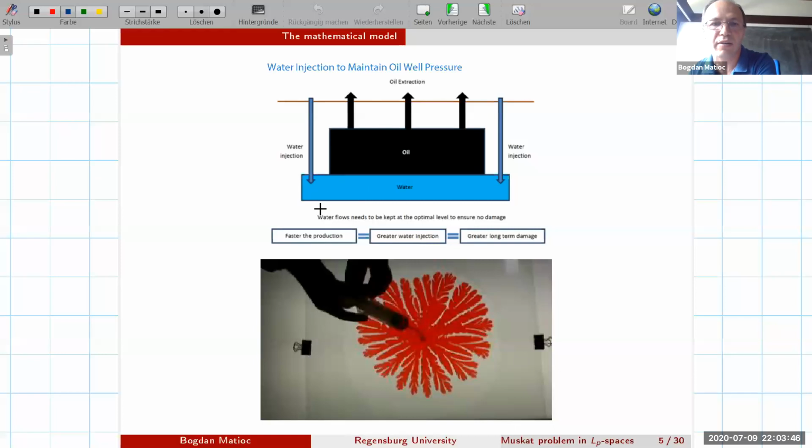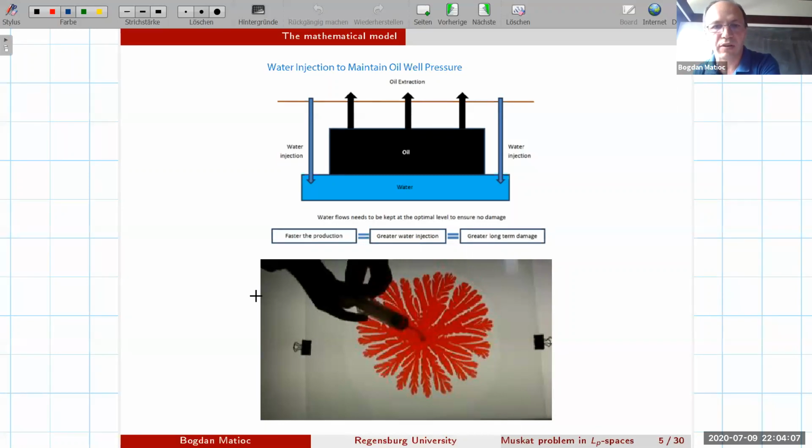However, water flows much faster than oil, and if one injects water with a velocity too large, then viscous fingering may occur. There is a mixing of the two fluids, and this is what people do not want, to extract a mixture of water and oil.